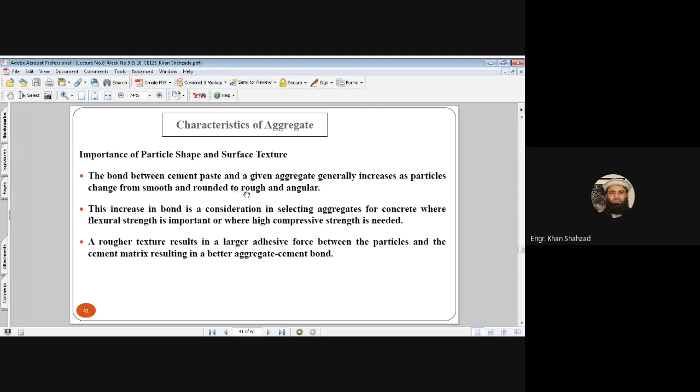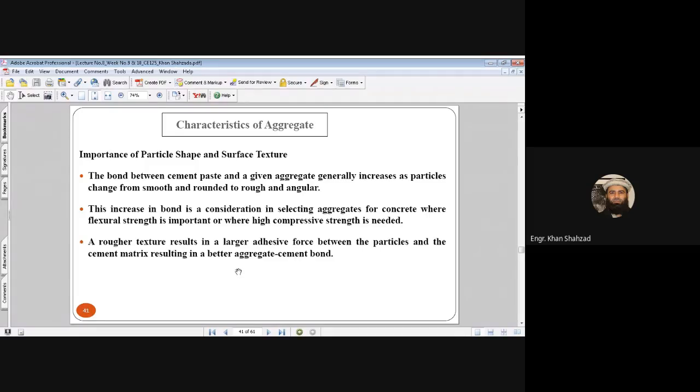As I told you, this increase in bond is a consideration in selecting aggregates for concrete where flexure strength is important or where high compressive strength is needed. So when you need high compressive strength or flexure strength, then we need to use rough and angular aggregates. A rougher texture results in larger adhesive forces between the particles and the cement matrix, resulting in a better aggregate cement bond.